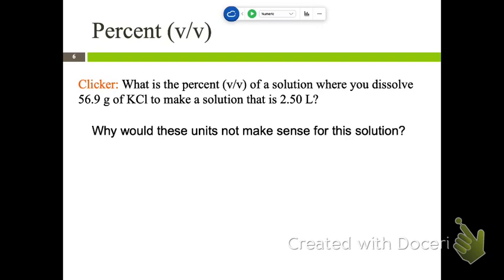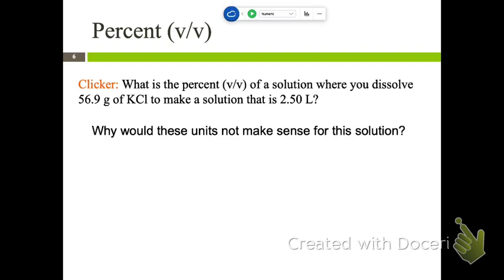It's not a gas, so we can't use molar volume. So this unit, volume to volume, is something you use when you have 2 liquids. Or you might have 2 solids that are mixed together, but that's another more confusing aspect of the concentration.